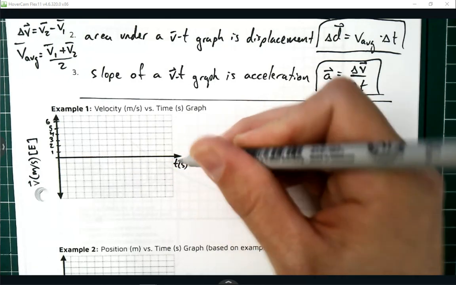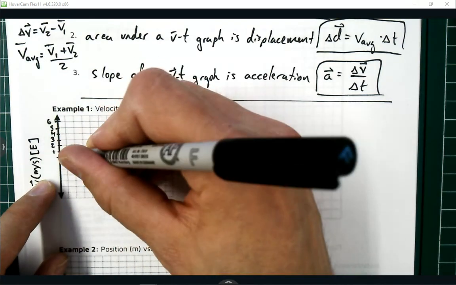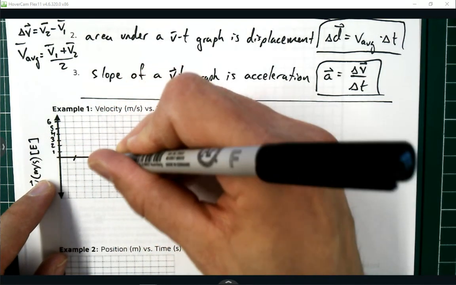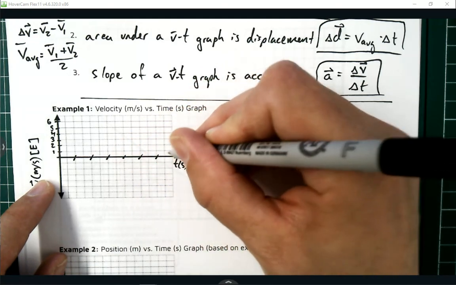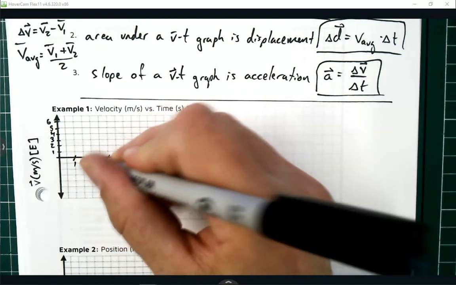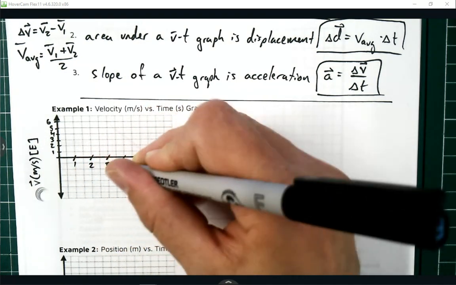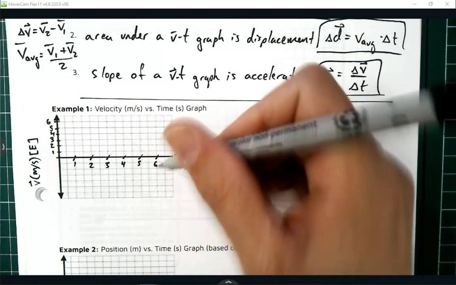That's nice. And every other square we're going to make go up by 1 second. Again, keeping it nice and simple. Up to the 7-second mark.